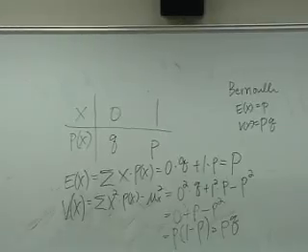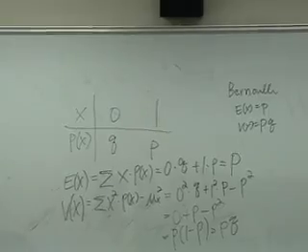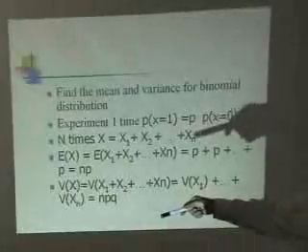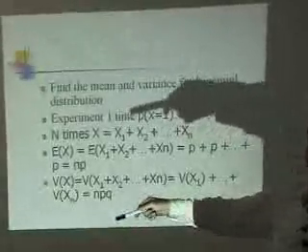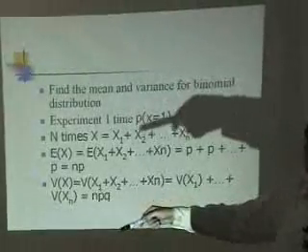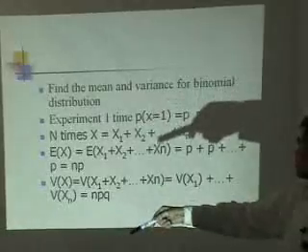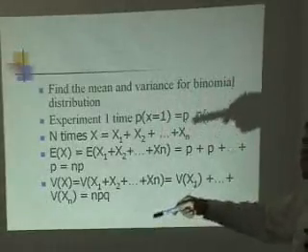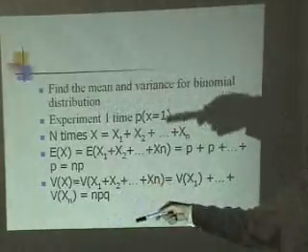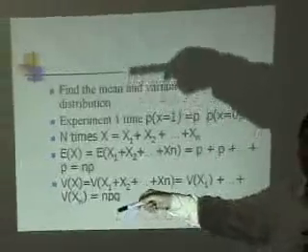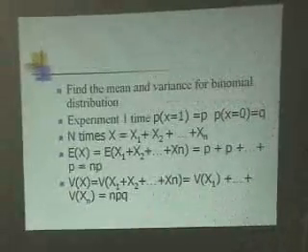Here you are dealing with this kind of variable, and this variable actually consists of individual variables. This is a Bernoulli trial once, another Bernoulli trial, another Bernoulli trial. You put all these things together, and that is a binomial experiment.